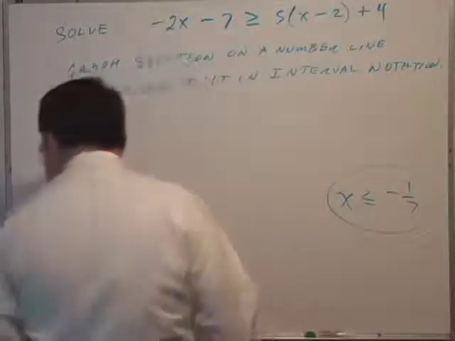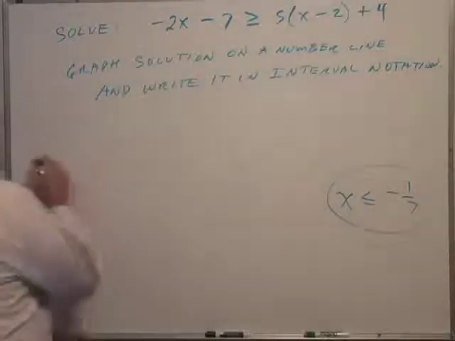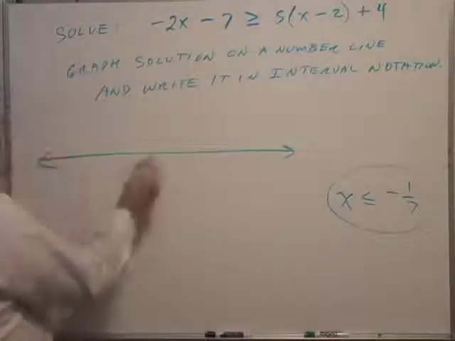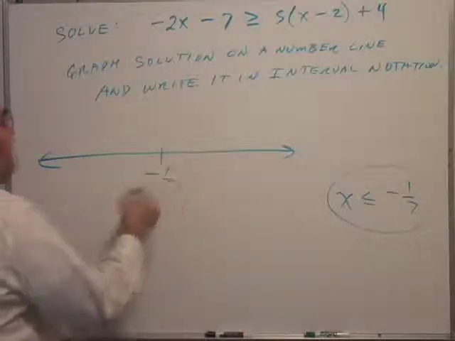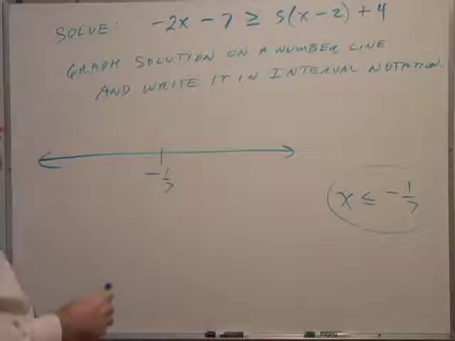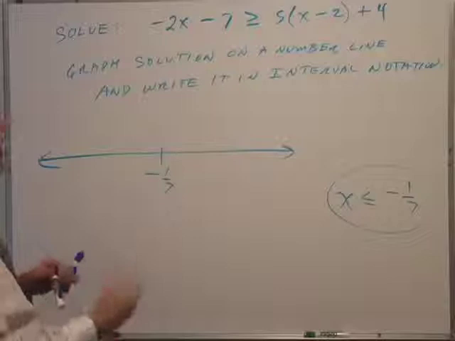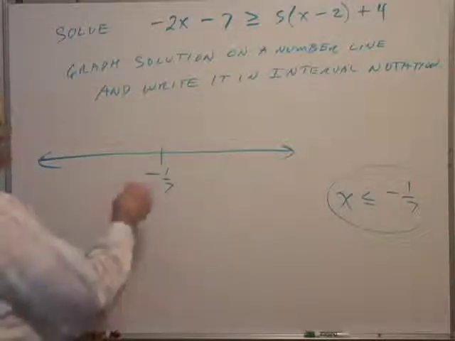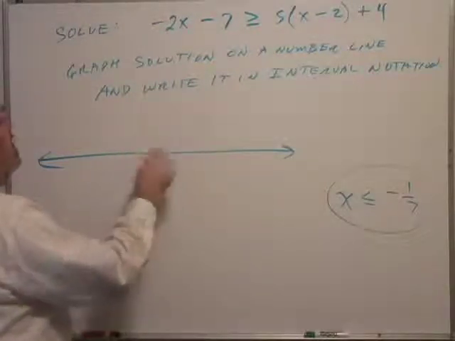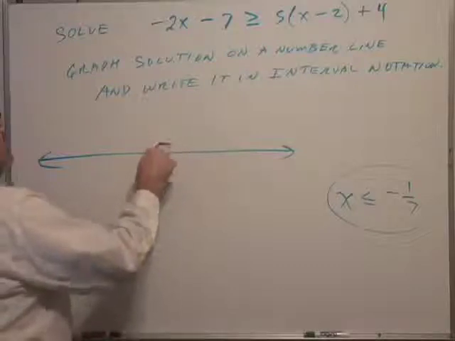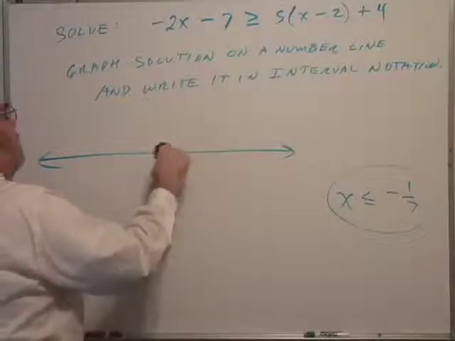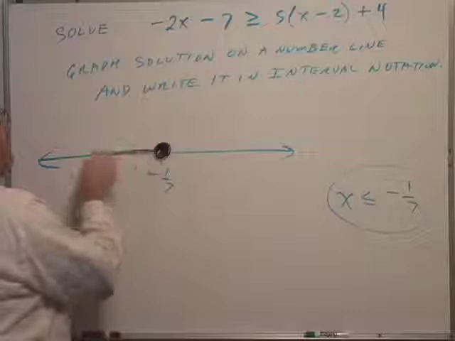So where is negative 1/7 on the number line? Well, I think it's about right there. Okay, close enough. And less than or equal to is to the left again, but this time it includes the endpoint, negative 1/7. So I need to use a closed circle and shade to the left.